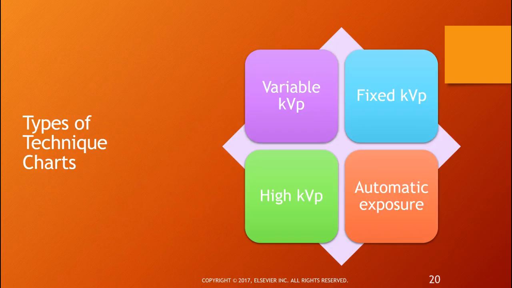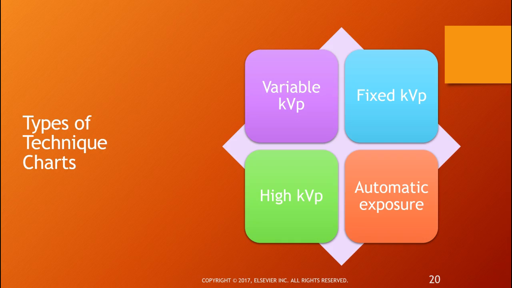Okay, types of technique charts. Variable kVp, we went over that, where they have a variable kVp and a fixed mAs. That is not in favor anymore. We've gone over fixed kVp and variable mAs. That is what we currently utilize. That's very widely utilized universally. Okay, there's also a high kVp technique chart.